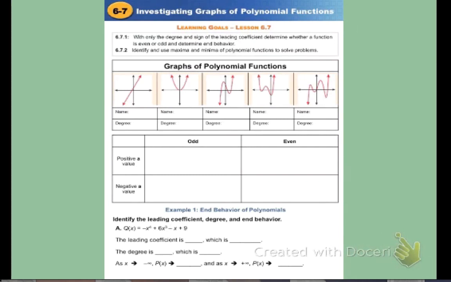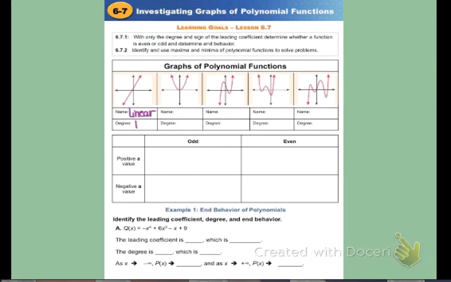Okay, so now that you got to see a little bit about these different graphs, let's take a look at each one of these types of graphs individually. This first graph, this graph that looks like a line, is just that. It is a linear function, and it would be a degree 1 equation. The second one is probably also very familiar.